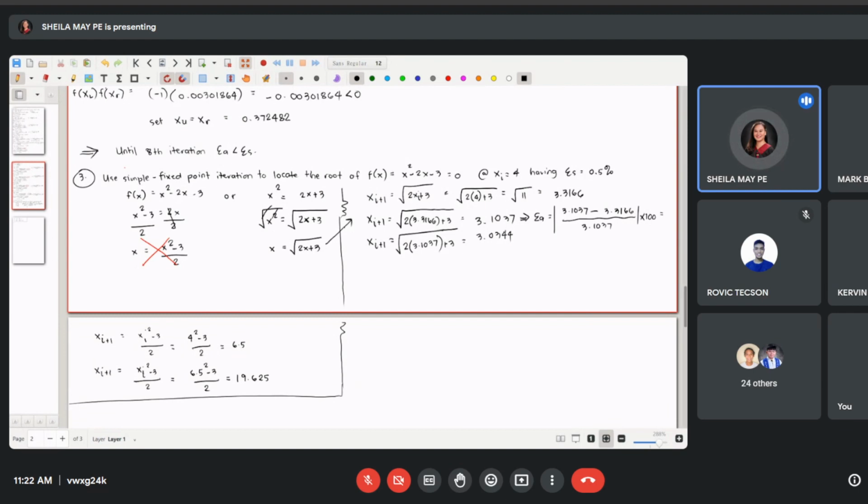So this would be the approximate error. That's 6.86%.